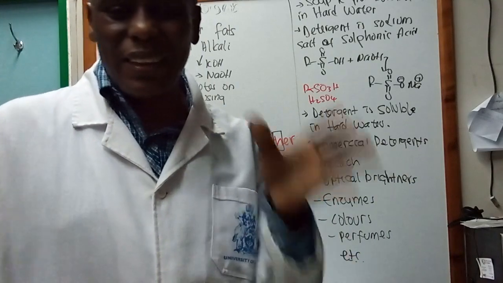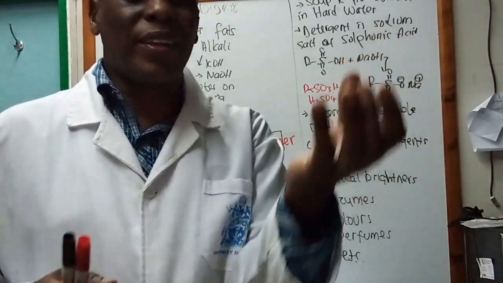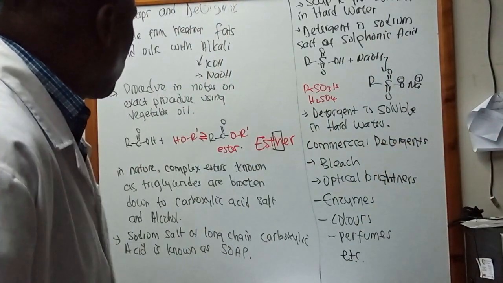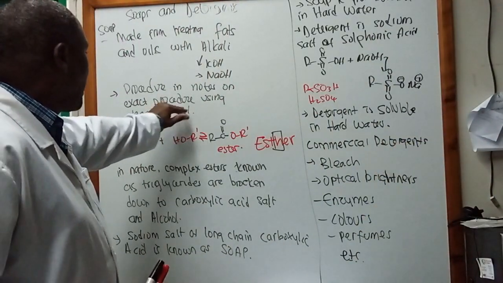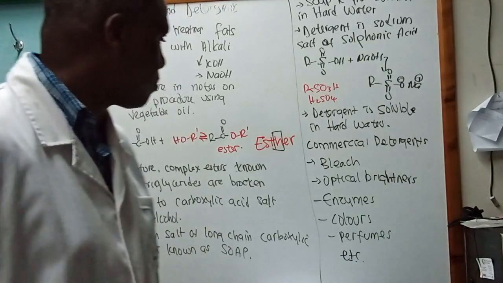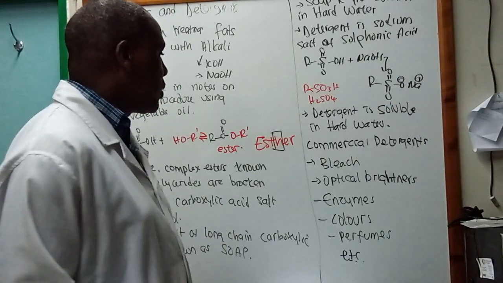Yeah, the exact conditions, including the quantities and the temperature and everything. Yeah, how to really make it. So there's a procedure in the notes on how to make soap using vegetable oil, and something which you can actually do.